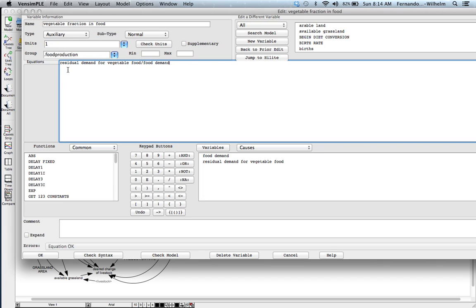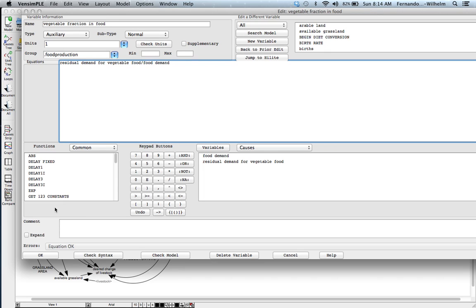It's referred to here as a ratio between the residual demand for vegetable food divided by the food demand. This residual demand for vegetable food is essentially the amount of food that's demanded by humans. It's called residual because it subtracts the demand for food by livestock.